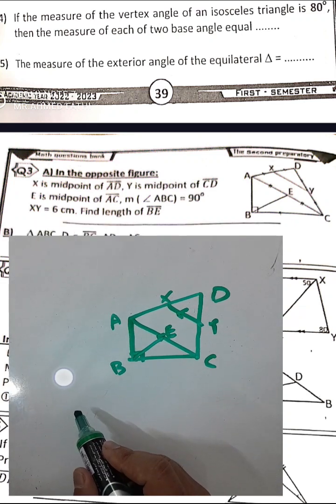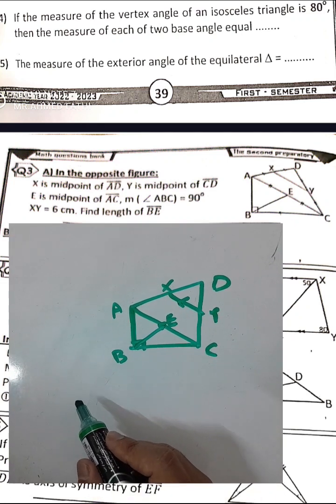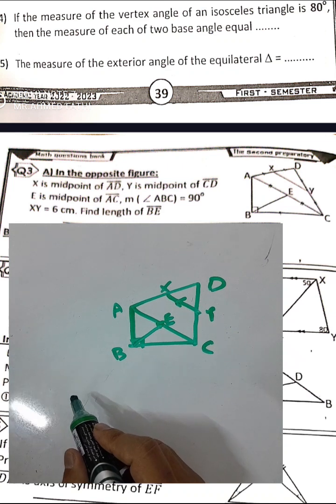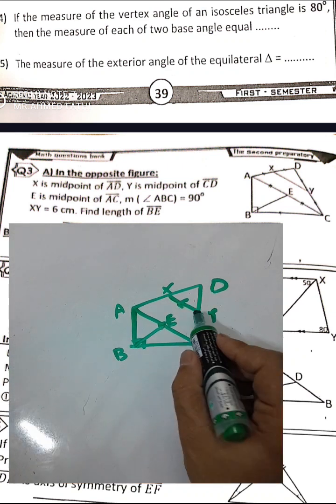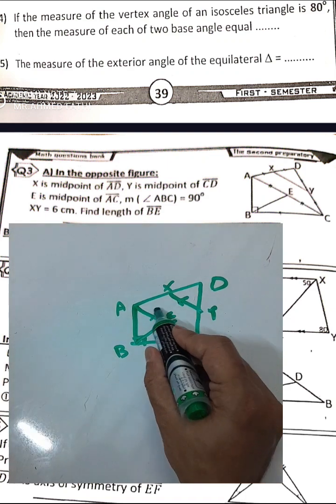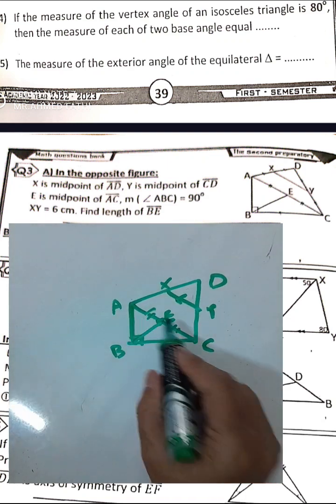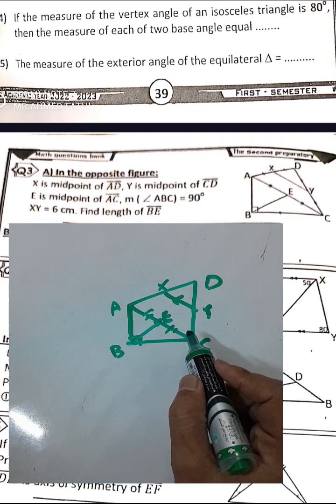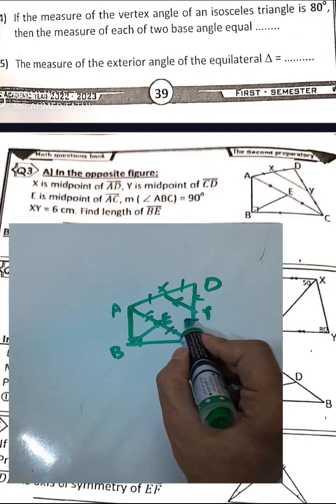He wants us to prove or find the length of BE here, and he gives us in this example the midpoint, and XY parallel to AC, and X is the midpoint and Y is the midpoint.